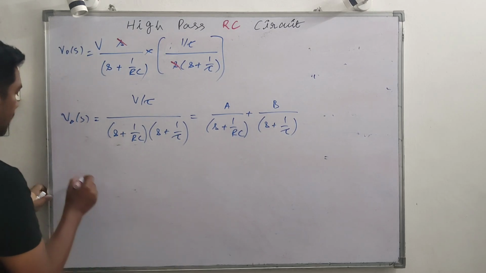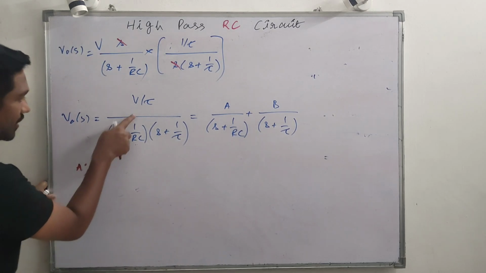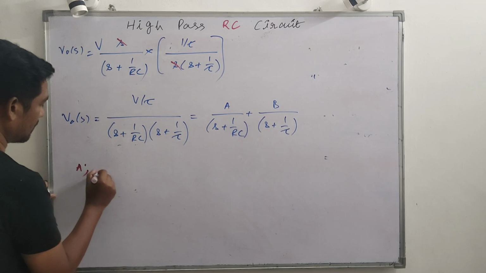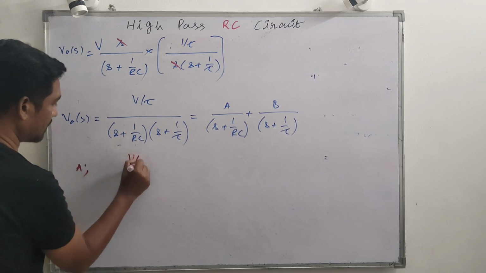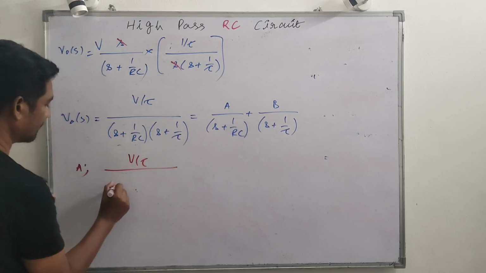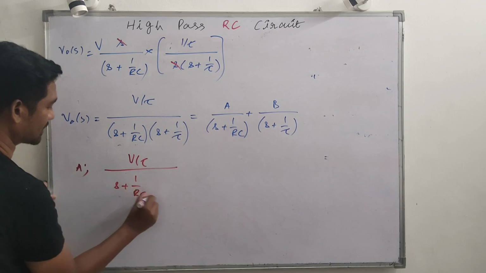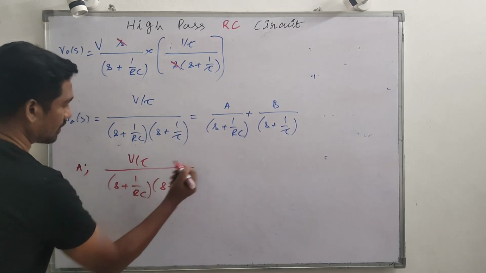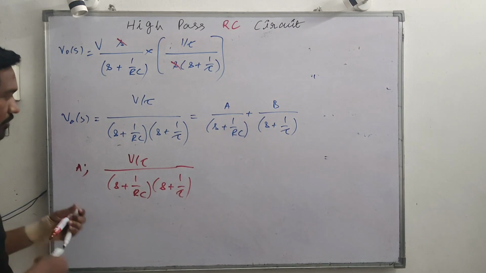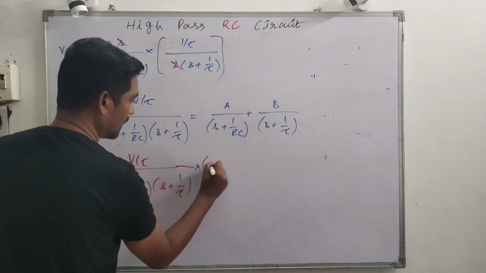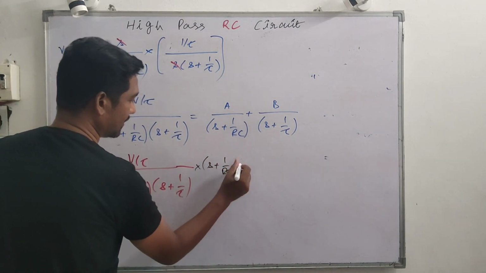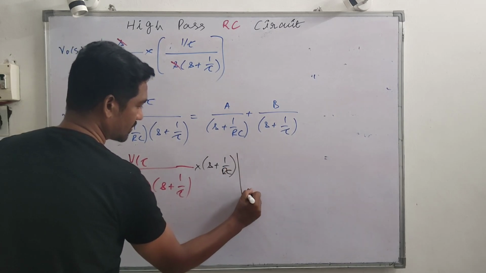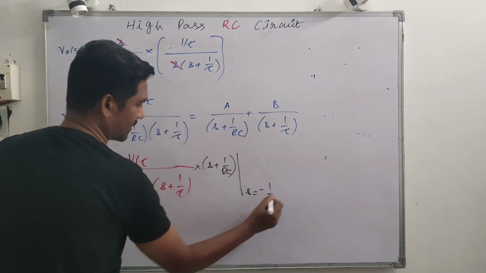So how to evaluate A? To evaluate A, getting back to this expression, A can be found out by V upon tau upon s plus 1 upon RC into s plus 1 upon tau multiplied with the A residue. What is the A residue? s plus 1 upon RC, and subjecting s equal to minus 1 upon RC.